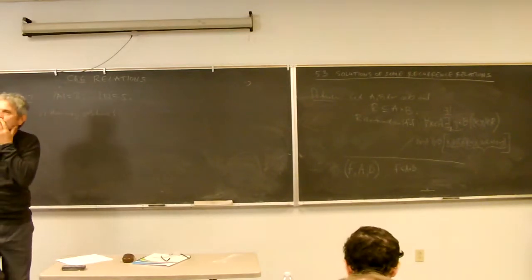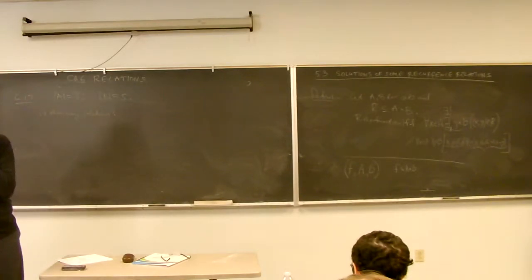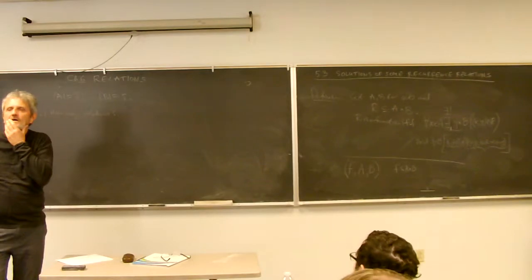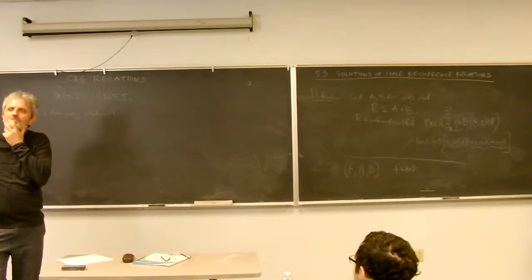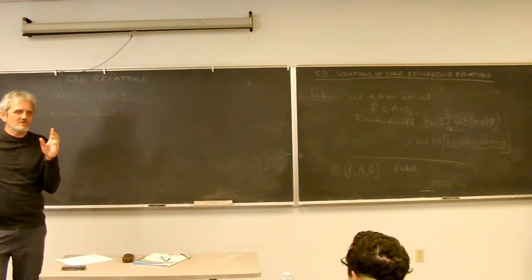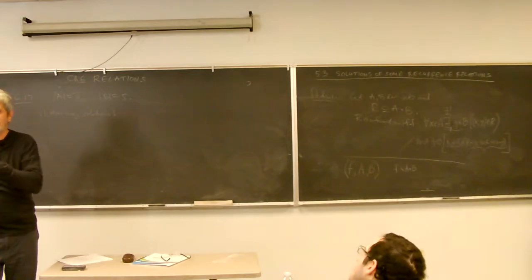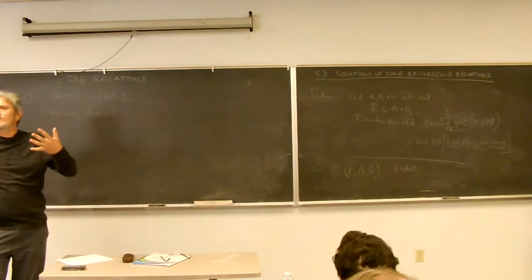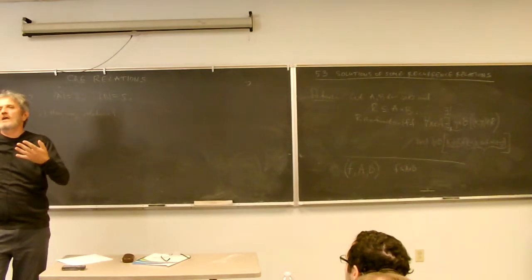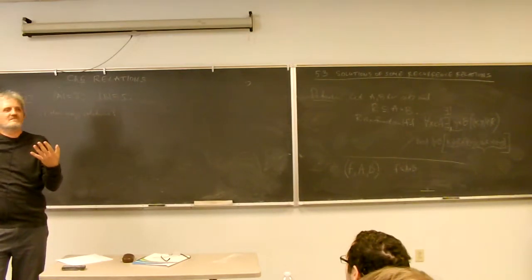How many relations? One of the ways to record a relation, we'll solve it in a second. I gave you alternative ways, and that shows you why it's important sometimes to have all these different ways to see an object.